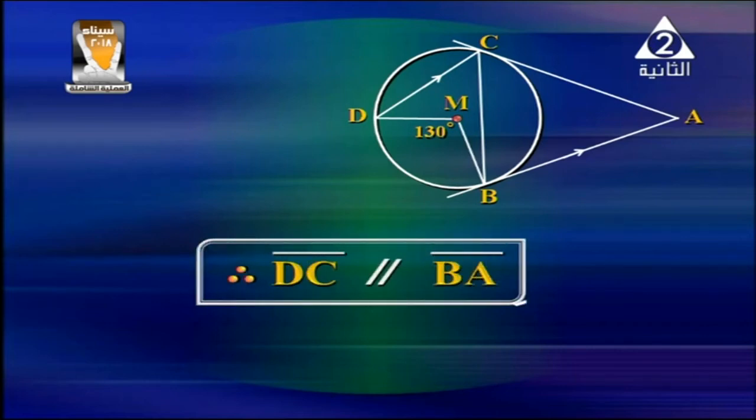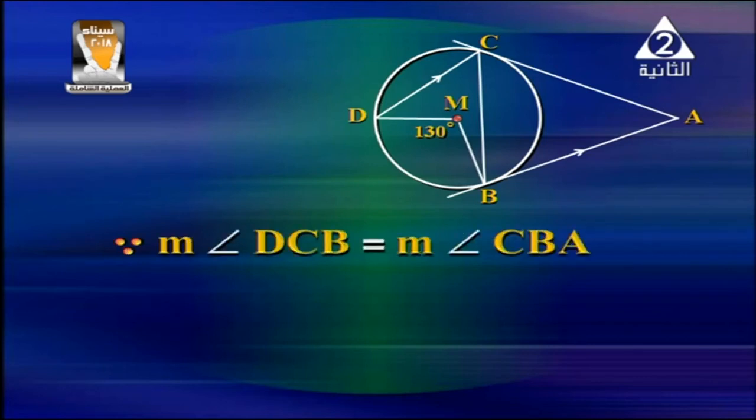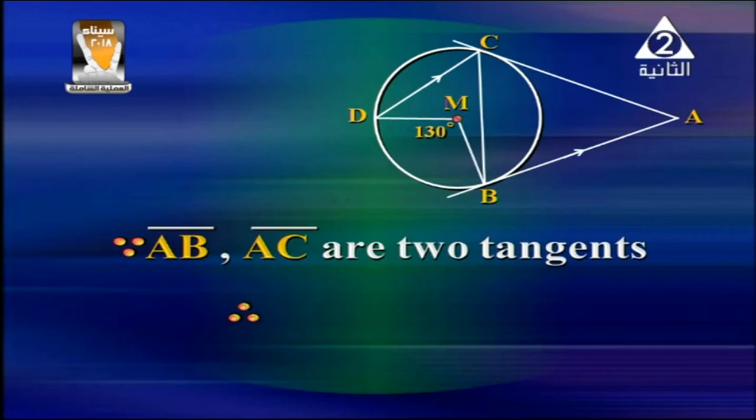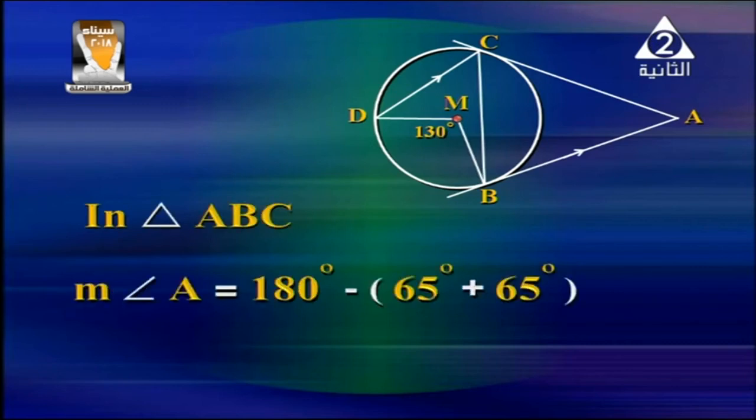So we can say that DC is parallel to AB. Then, since measure angle DCB equals measure angle CBA equals 65 degrees, alternate angles, and since AB and AC are two tangents, then AB equals AC. Then in triangle ABC, we can say that measure angle A equals 180 minus 65 plus 65 to obtain a result as 50 degrees.